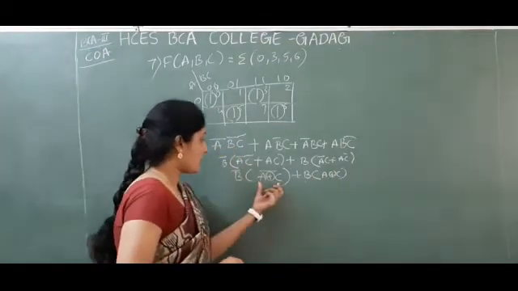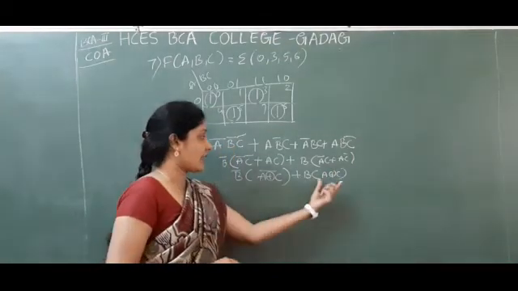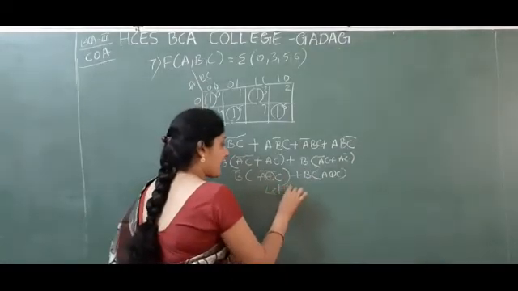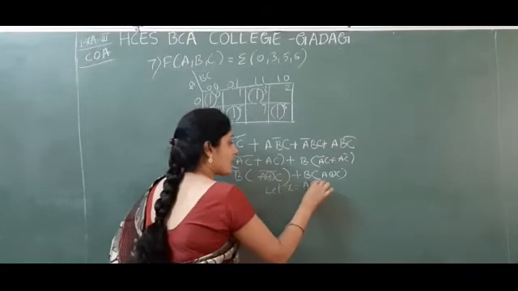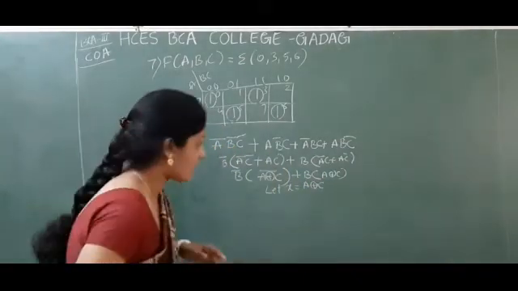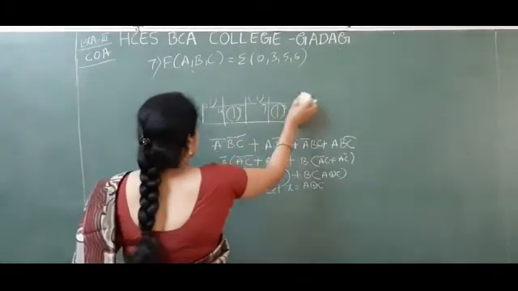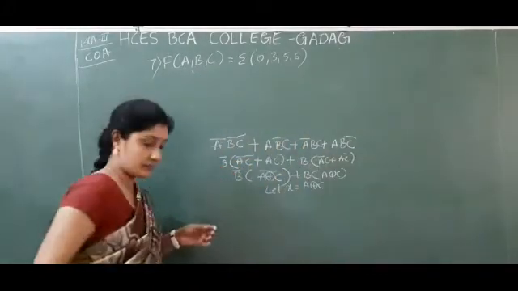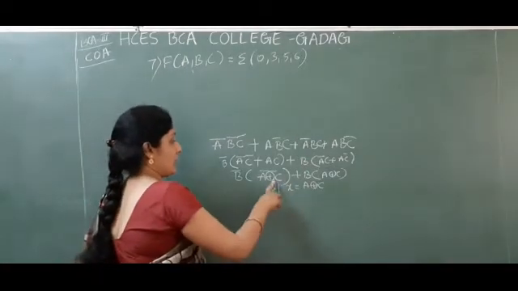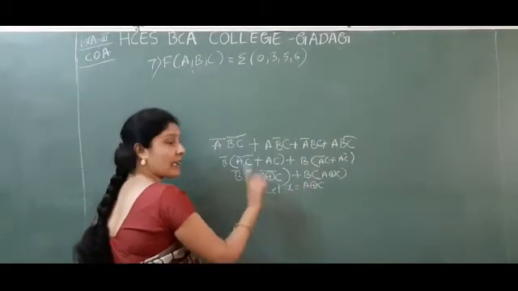Now look at this. A XOR C, A XOR C. Now let X equal to A XOR C. Then you just replace A XOR C by X here.